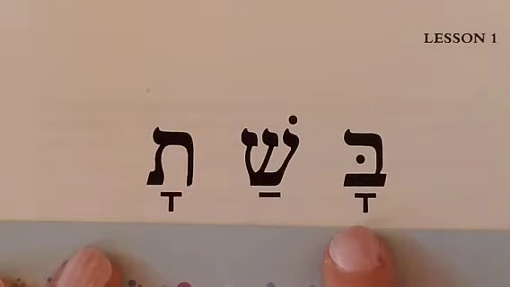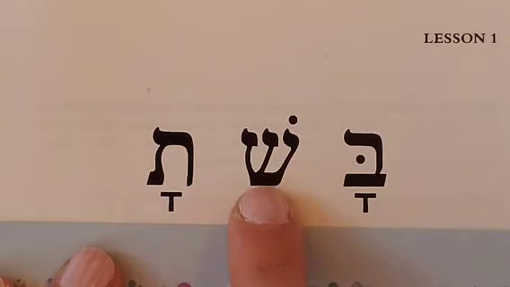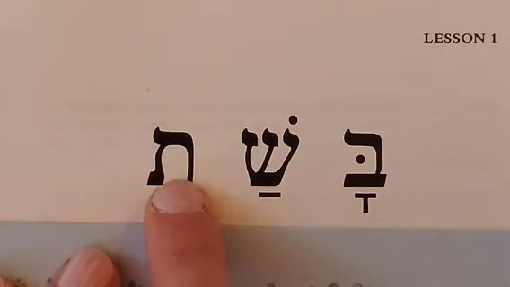So we can practice that now. What's this one going to say? It's the b and the ah vowel symbol. Ba. The sh and the ah, sha, the t and the ah, ta.